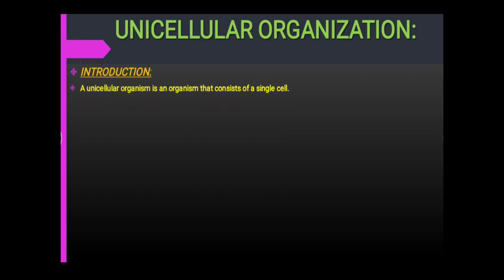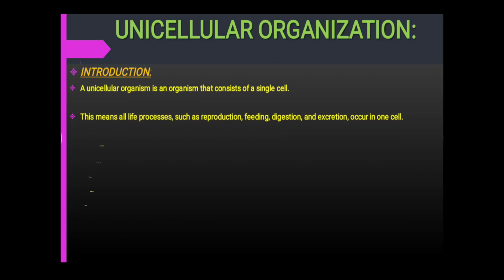A unicellular organism is an organism that consists of a single cell. This means all processes such as reproduction, feeding, digestion and excretion occur in one cell. Examples of unicellular organization are paramecium, amoeba, bacteria, yeast.